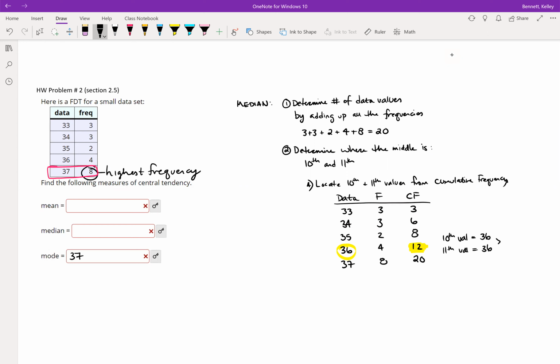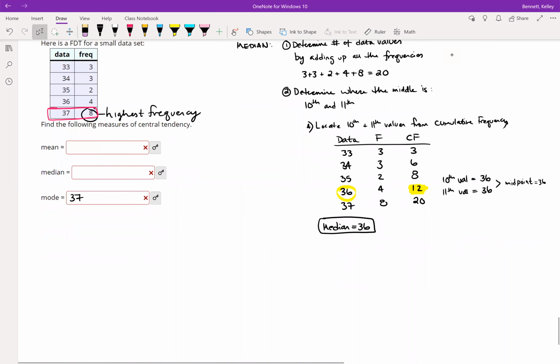The midpoint between these two values is 36. So that's our median. That was using the table.